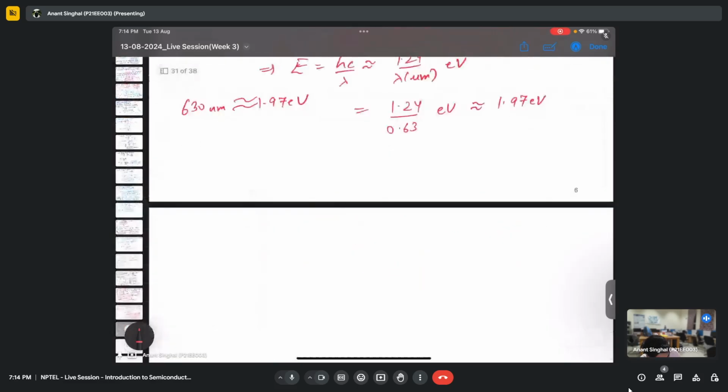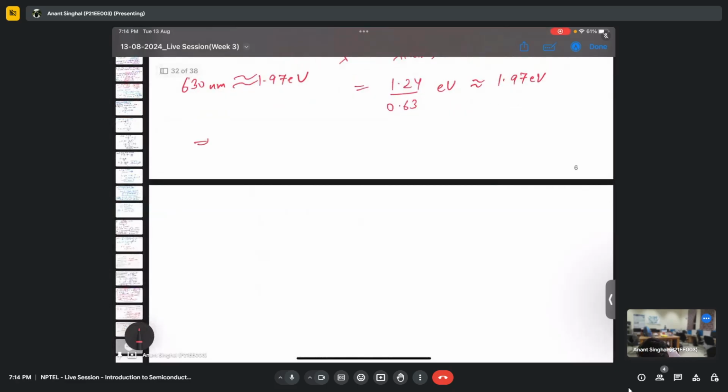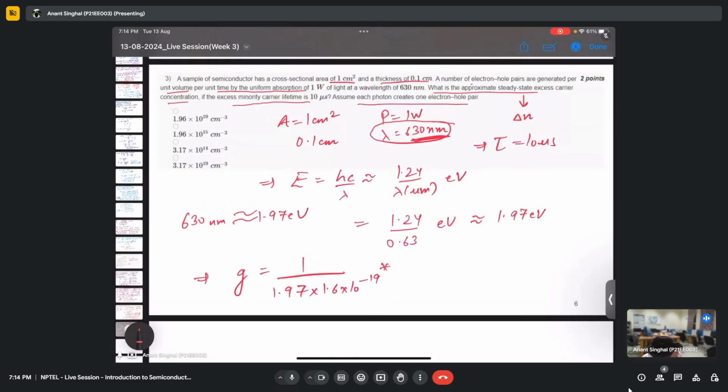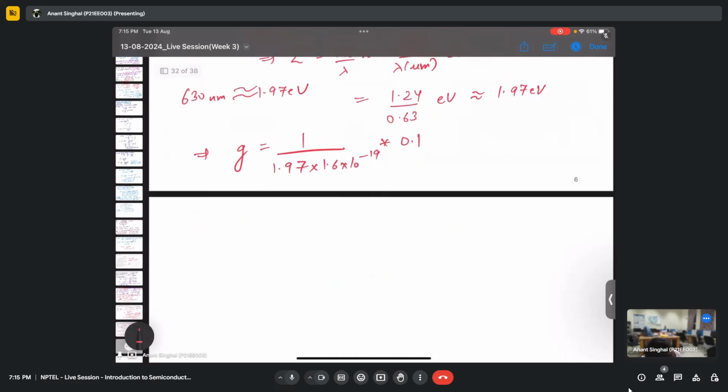Once we have the energy, this is direct. First of all, we calculate the number of generated carriers, which is power 1 divided by energy. I'm calculating this in joules, so I'm multiplying by 1.6, the charge, per unit volume. The volume is area into length, which is 1 into 0.1, which is 0.1 centimeter cube. Sorry, we need to divide because it is per unit volume.